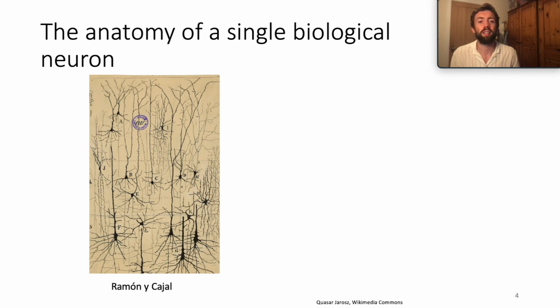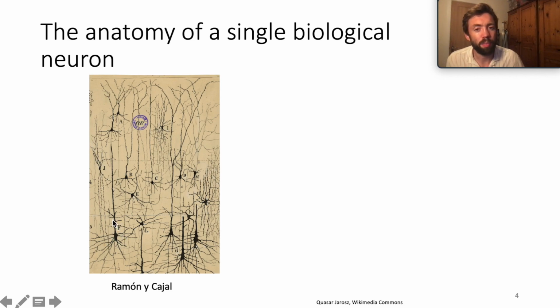He also had a lot of artistic talent and originally wanted to be an artist or a photographer. And you can see here some beautiful sketches he did of some of the first neurons ever seen under the microscope.